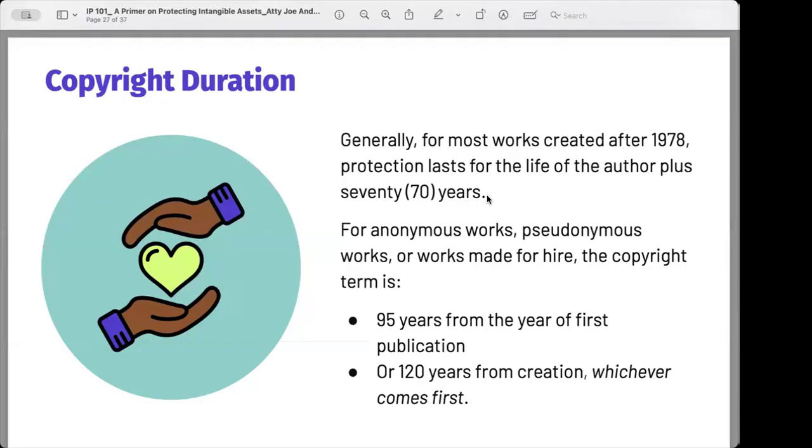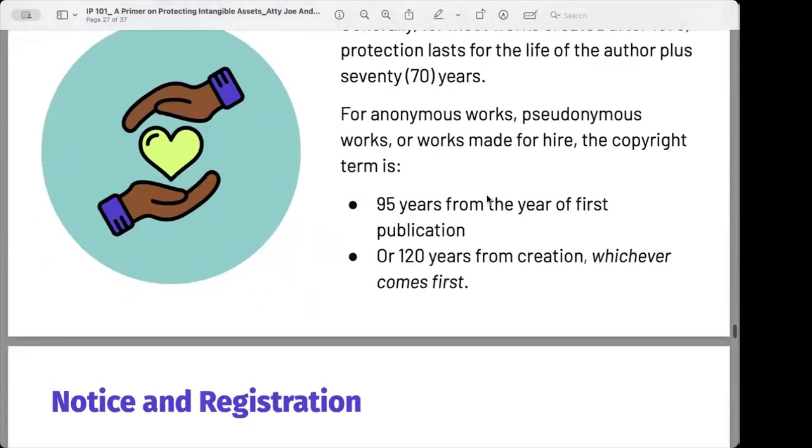Internationally, they tend to be a little bit longer, but they last a long time. It used to be that you had to renew them. You don't anymore. It's one shot. Once you have your copyright, especially if it's registered, it's good for a long time. So it's great if you create something that creates money for a long time, like a novel or a song or a recording, your great grandkids can very well still be clipping coupons off of it at the end of the day.